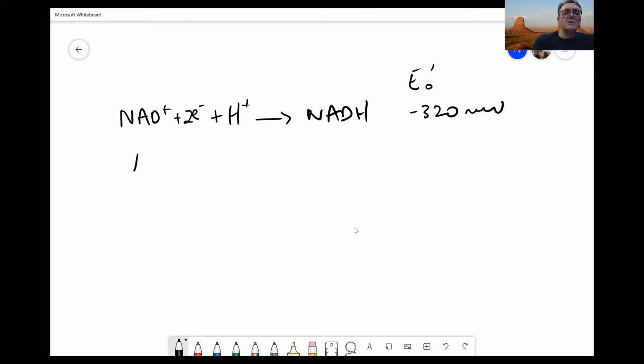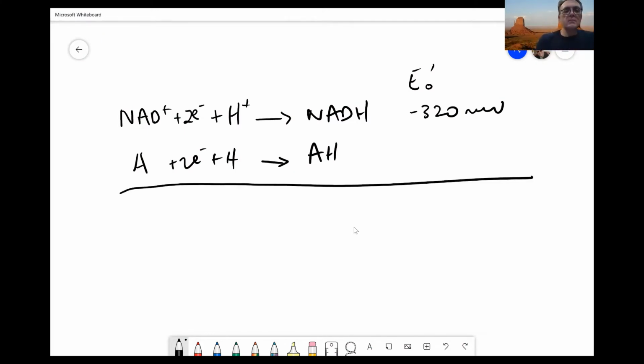We want an acceptor that's going to have some properties, and the E value for this to happen we're going to write in a minute. We want to couple the oxidation of NADH, so in reverse, with the reduction of A, as written here for the half cell. So that's the acceptor.